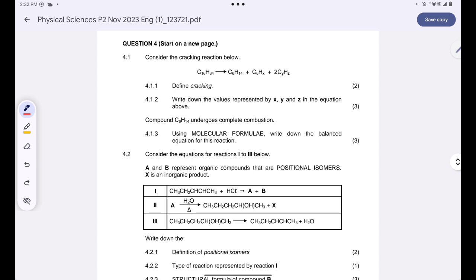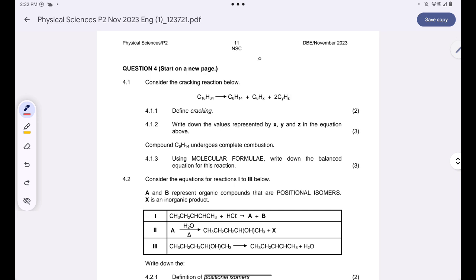Whenever you break down the hydrocarbons, you must form an alkane and at least one alkene. Are you together? So in this case, I already have an alkane over here. That means these two have to be alkenes. Since they're alkenes, I know that the general formula for alkene is CnH2n.